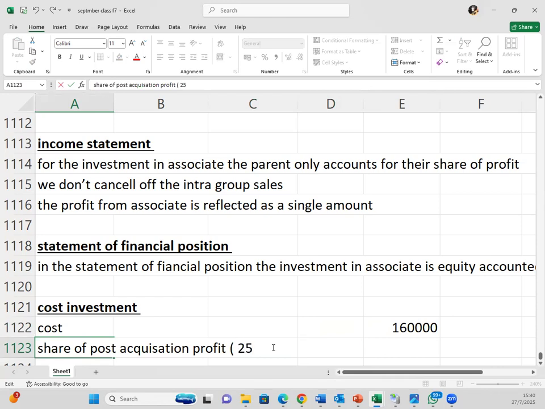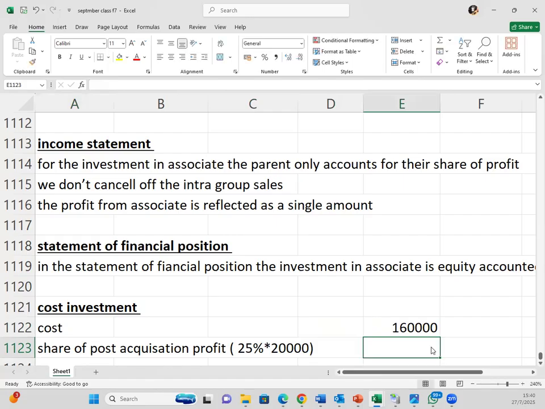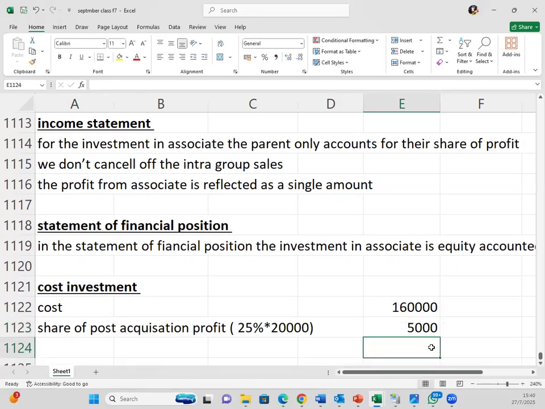So you would say 25% of the 20,000. We're not going to add all the profit, we just take our share. So the share of the profit increases the value of our investment. If we are using the equity accounting method, that share of the profit is going to be increasing the value of our investment.